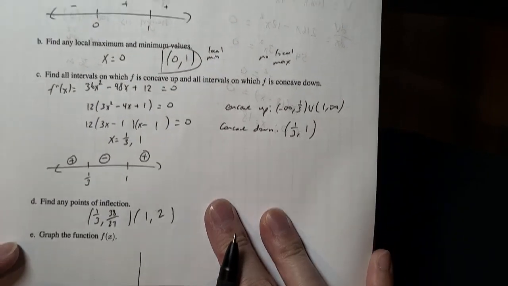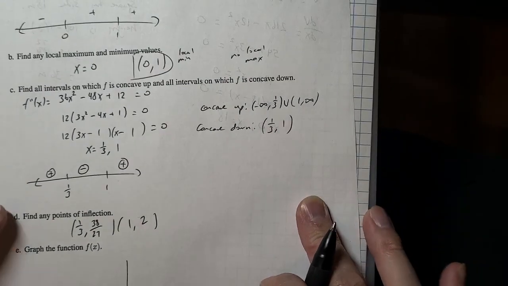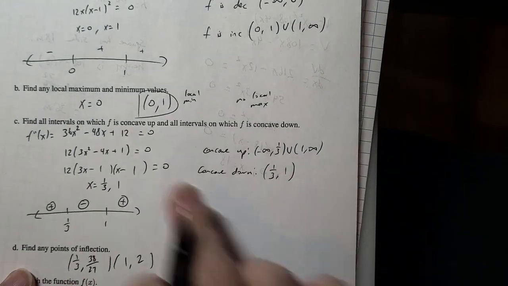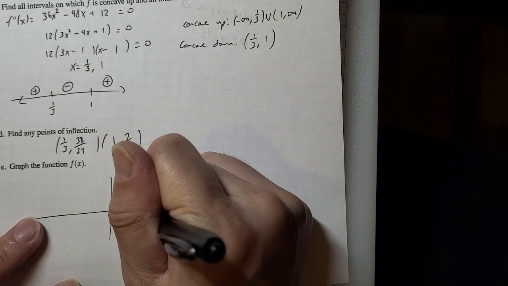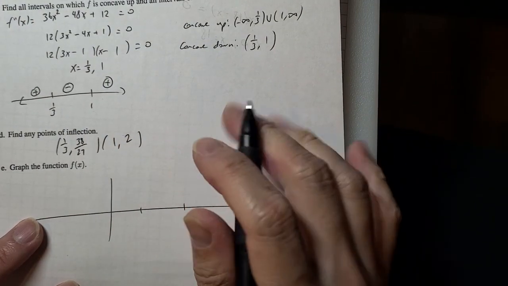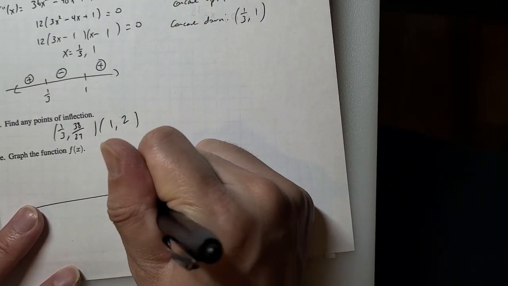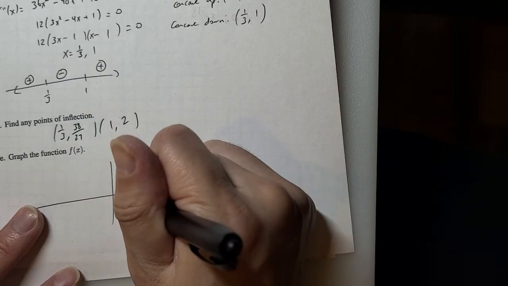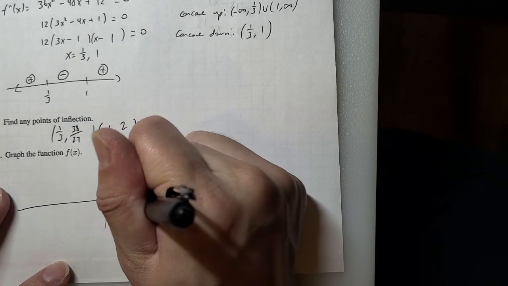Everything is positive, so I didn't need to draw all this. It's 0 and 1, and 1/3 and 1. This is half, this is 1. It doesn't need to be to scale, this is just a sketch.